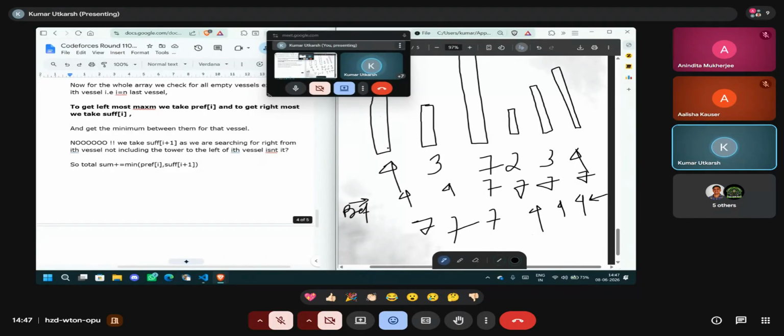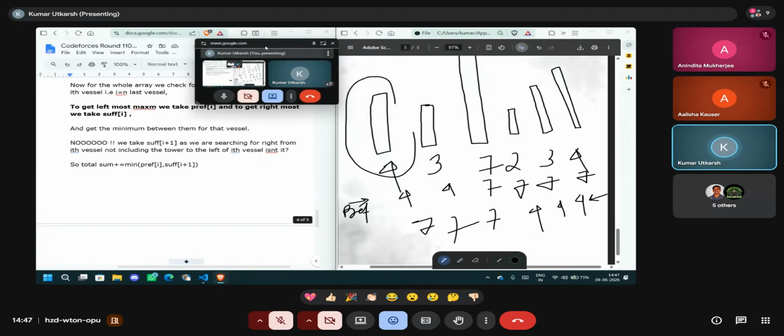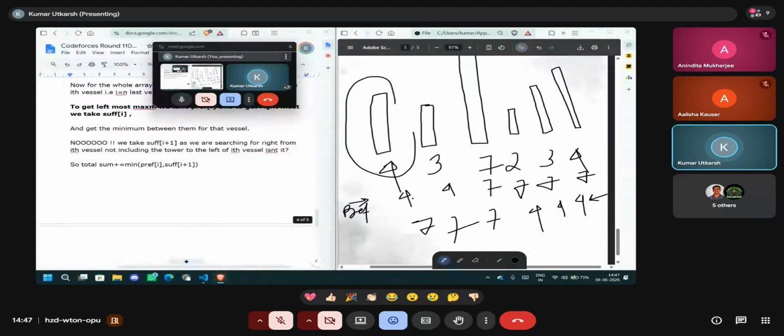So for this ith tower, we are checking to the left what the maximum is. To the left, the maximum is already 4. And to the right, we don't check from here. We check from this place, as we don't want to include that tower in particular. So what is the maximum?